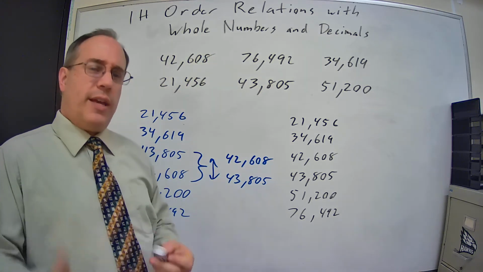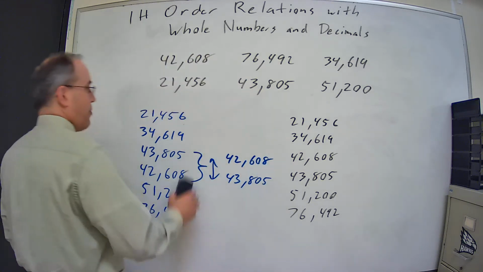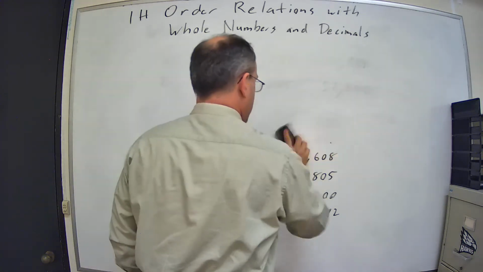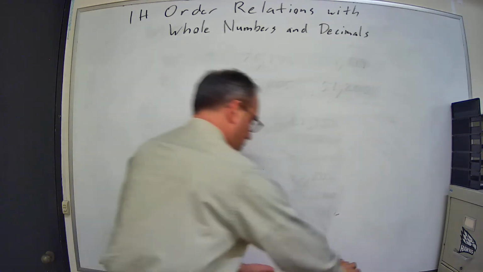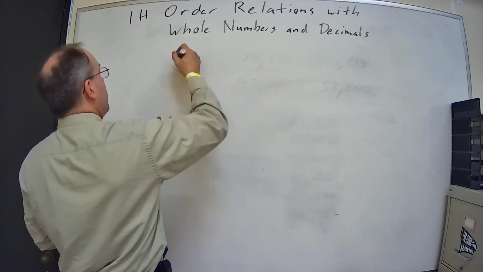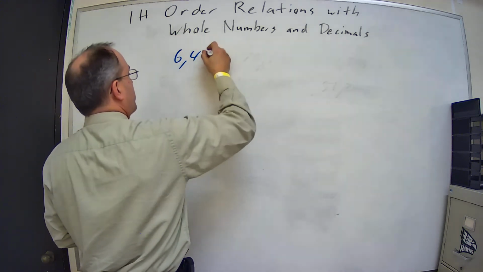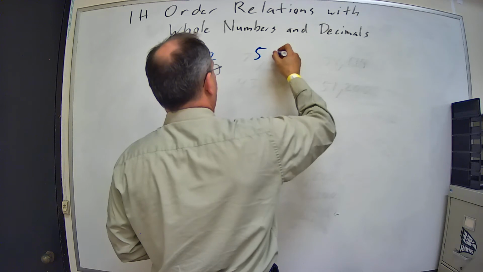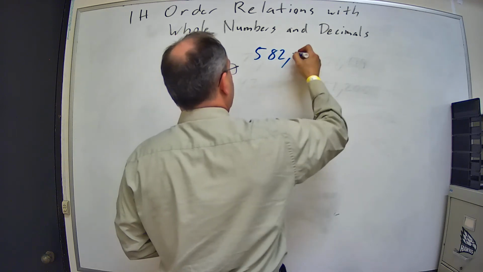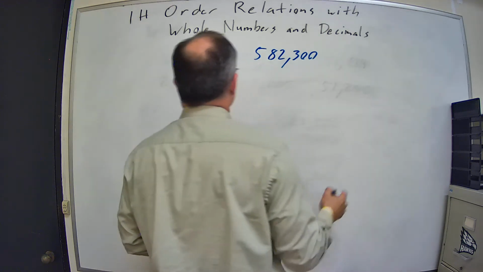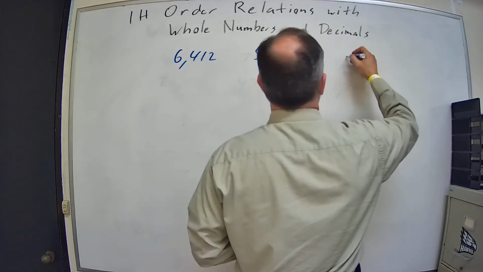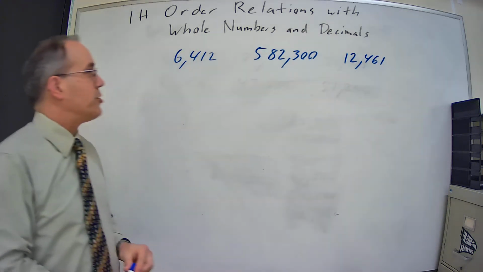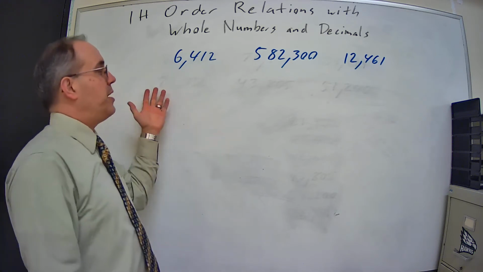Let me show a very quick example of something where it may not match up the same. $6,412, 582,300, 12,461. So now I've got three numbers to put in numerical order.